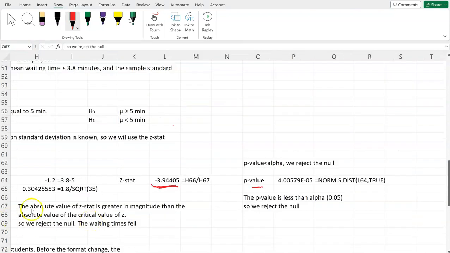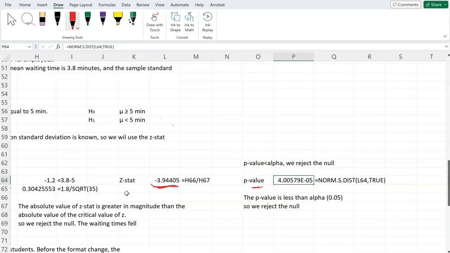Now let's say we want to look at the p-values, how to evaluate the hypothesis statement using the p-value. This is the value we use to evaluate it. Whatever the alpha is, if the p-value I calculate is less than alpha, we reject the null. Conversely, if the p-value is greater than or equal to alpha, we do not reject the null.